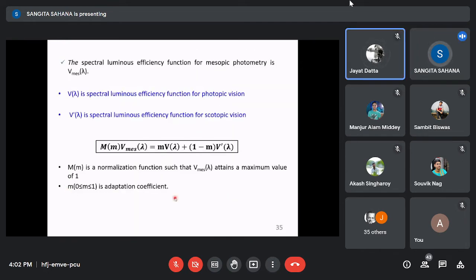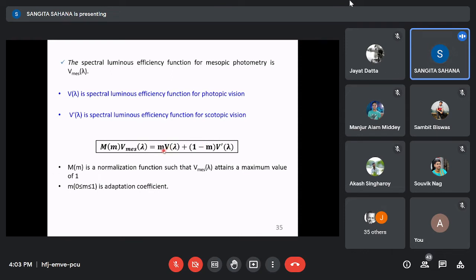Okay. So depending upon the adaptation coefficient, we can calculate the mesopic function. V mesopic lambda equals M V lambda plus 1 minus M V dash lambda. When the value of M is 1, V mesopic will be V lambda plus 0, so it's completely photopic.